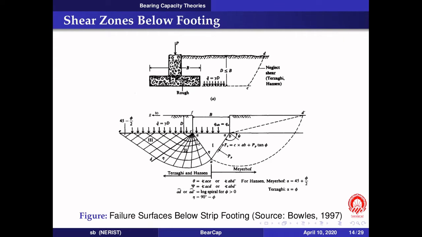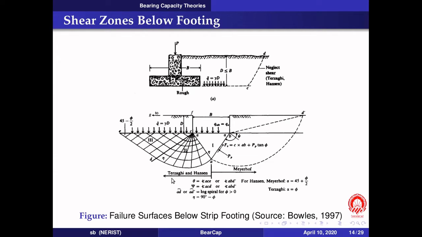This zone is called the zone of radial shear because the shear failure surfaces radiate from the edge of the footing, and here the shear failure surfaces are parallel, and this angle, as per Rankine's passive earth pressure theory, should be 45 minus phi by 2, and that is what is assumed by Terzaghi and Hansen.